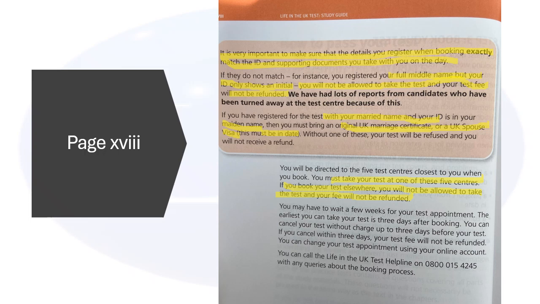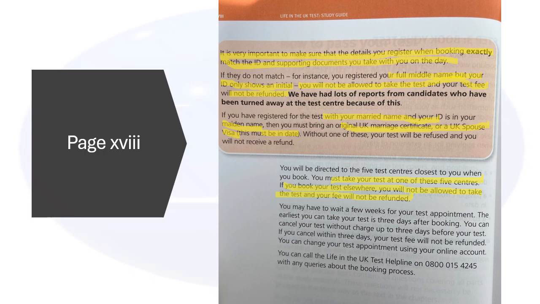Let's say you live in Reading or Slough or Oxford, so around Oxford there are 5 test centers, but you were going to Scotland to see your cousin, so you thought you can take the test in Scotland, and you booked your test in Scotland. Now that will be a waste of money, because you will not be allowed to take this test because you did not choose from those 5 test centers that were given to you. So please make sure you do that as well.